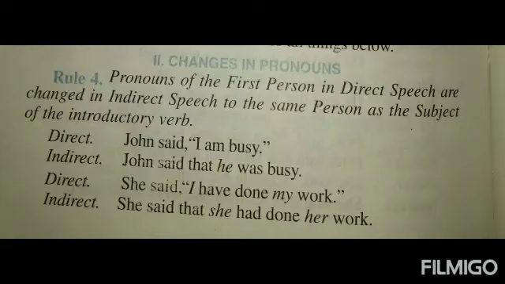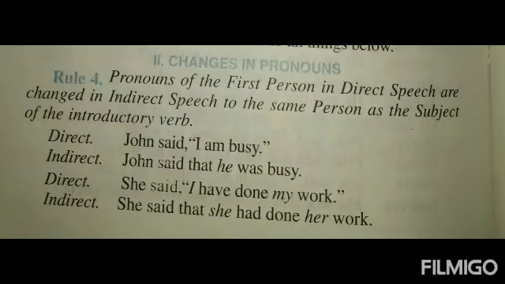In this video, we will see the changes in pronouns. Pronouns of the first person in direct speech are changed in indirect speech to the same person as the subject of the introductory verb. Just see the example. John said, "I am busy."